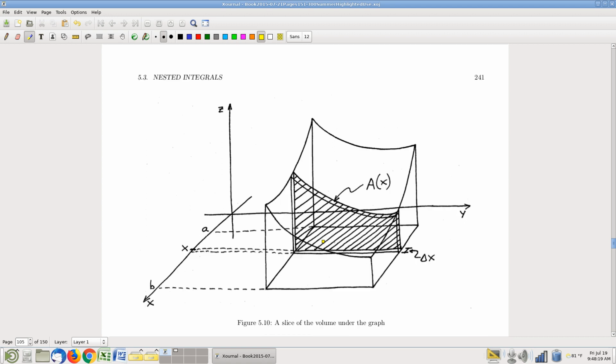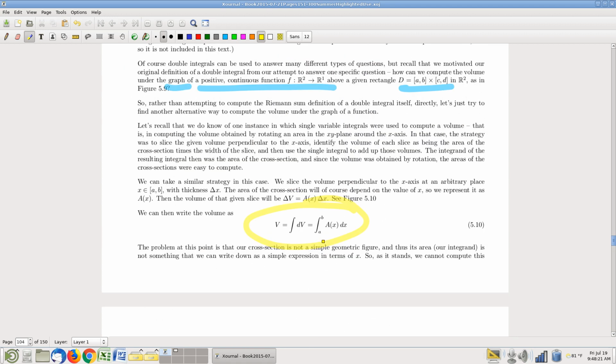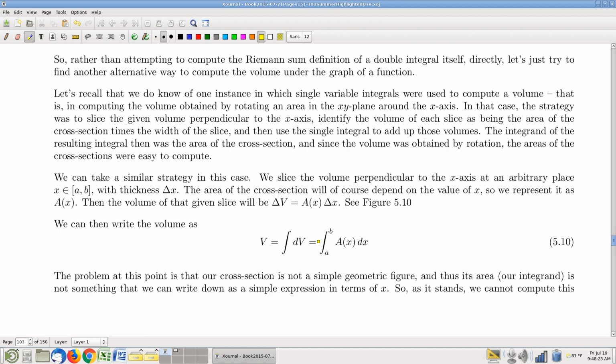I can write down specifically, the volume of each slice is area times thickness. Right, this is not that different from, you all remember in single variable calculus classes, if you have an area and you rotate around an axis and you want to compute the volumes of the slices, it's a cross-sectional area times the thickness.